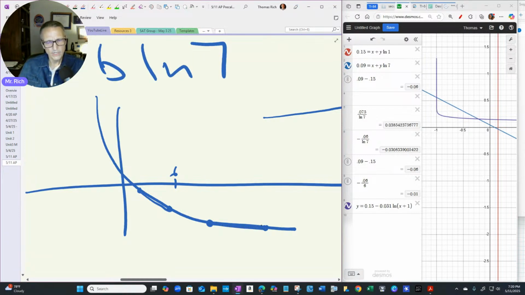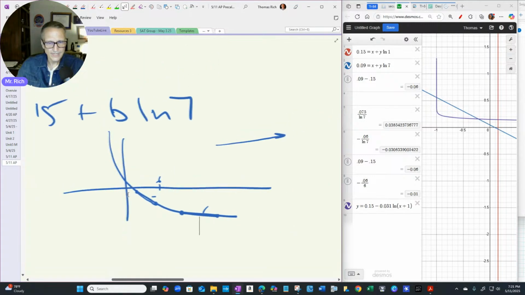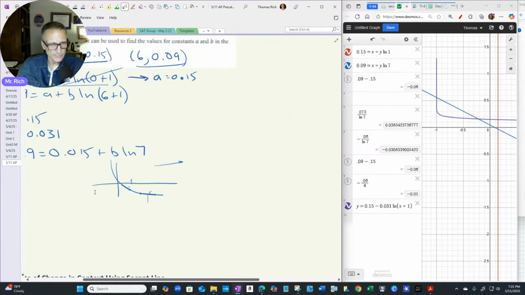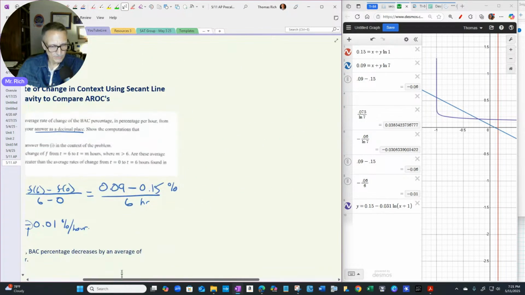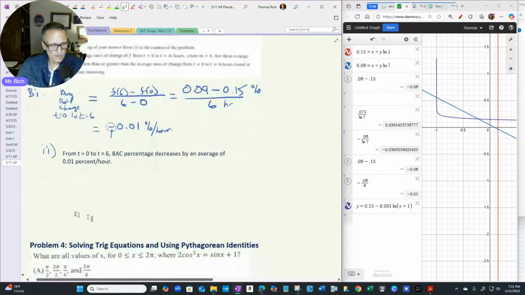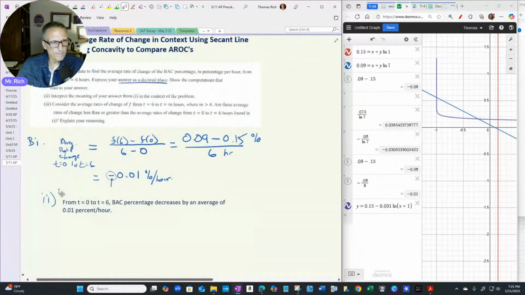So they are increasing. Think about that. This is a negative value, but this is negative but less negative. So they are increasing. To become less negative means to increase. And so what is our answer going to be on this? It wants to know, are these average rates of change less than or greater than? They are going to be greater than.